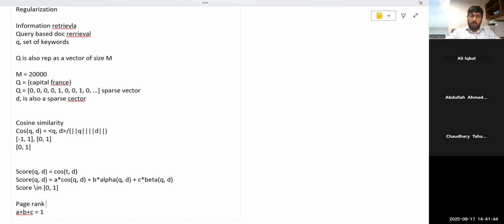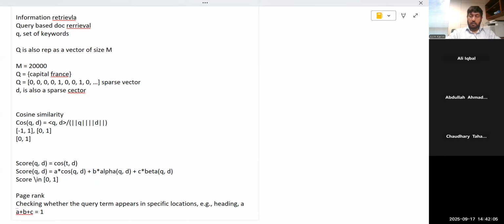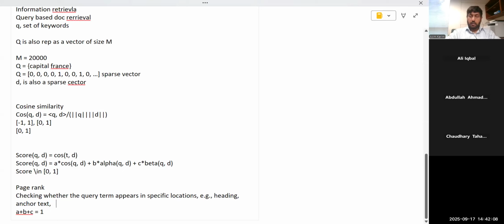Okay. Other things could be, for example, checking whether the query term appears in specific locations, let's say, e.g., heading, anchor text, etc. Let's say your query term was France.